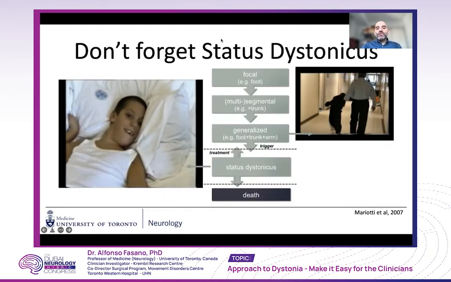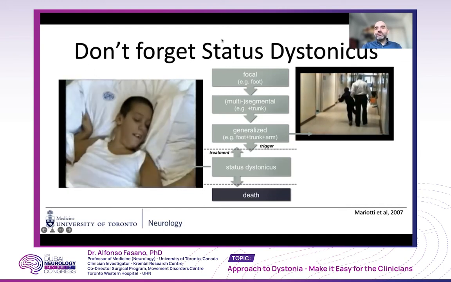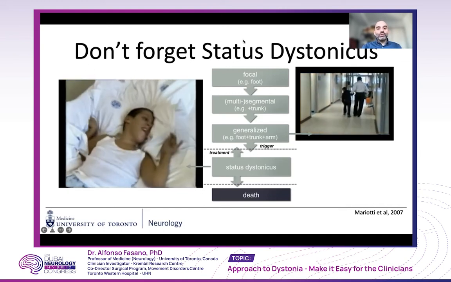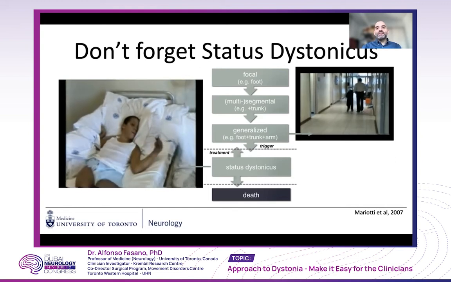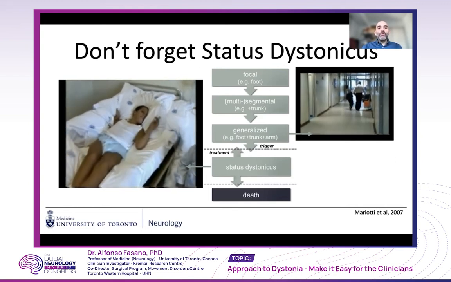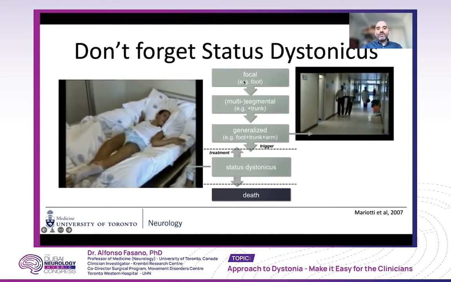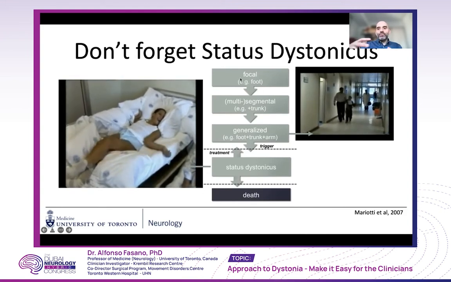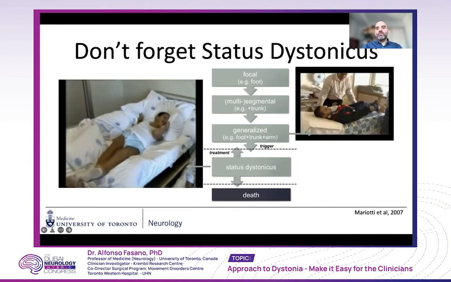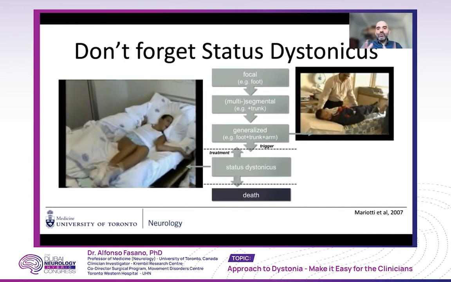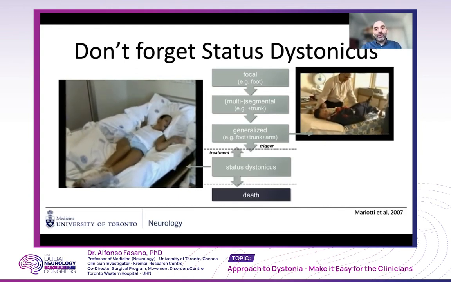Another reason to look into variability is the so-called status dystonicus or dystonic storm, which is defined as a severe worsening of the dystonia requiring a hospital admission. And you already saw before that there is a variety of progression of the disease. We talked about task specific that becomes movement specific that becomes dystonia at rest.